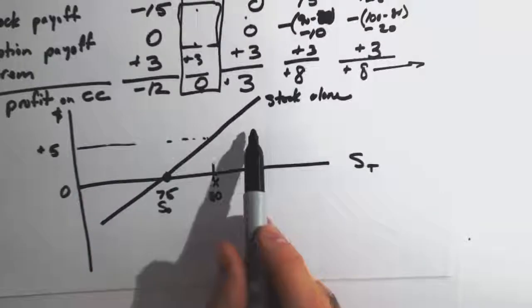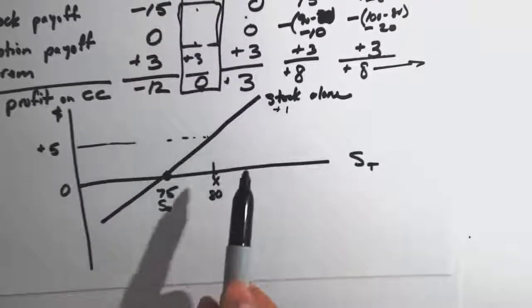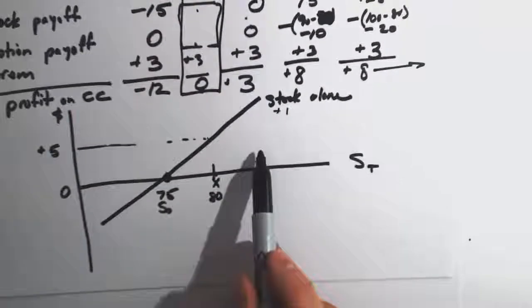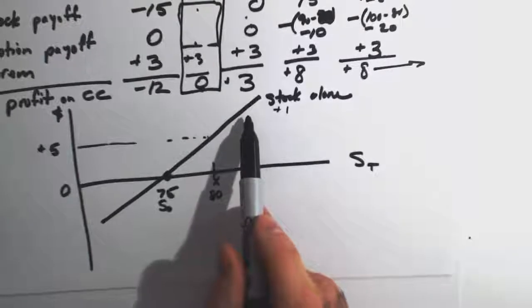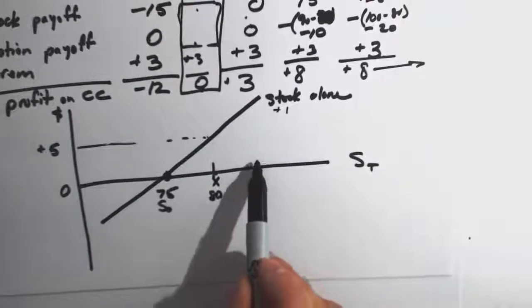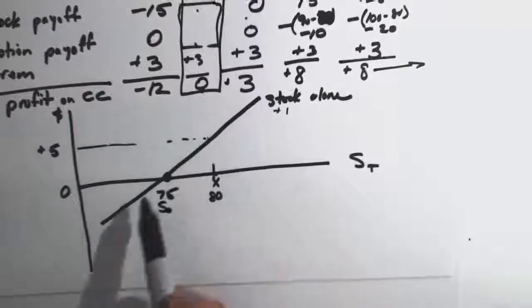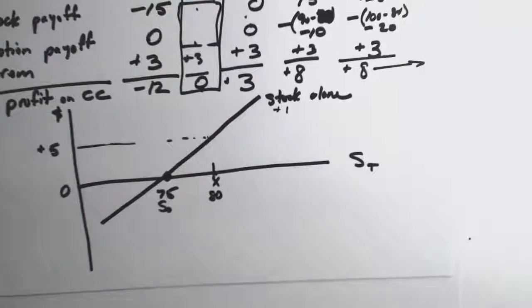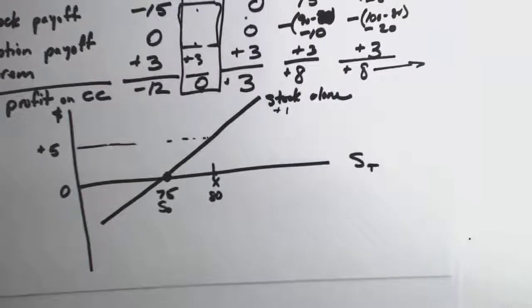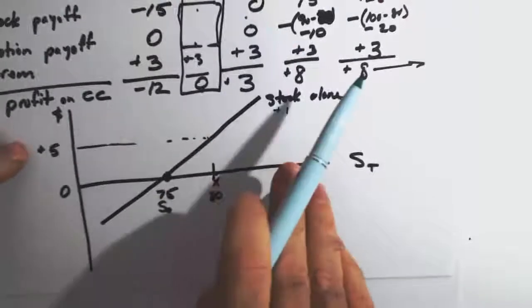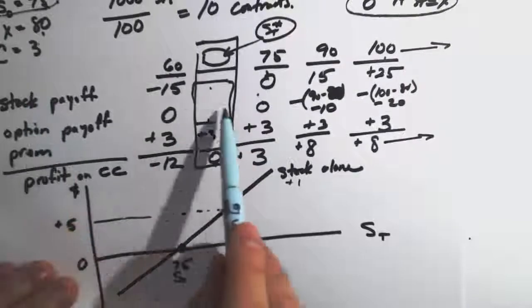So this is a slope of positive 1. For every dollar the stock goes up, you make a payoff of $1, and every dollar it goes down, you lose $1. That is the payoff profile on an individual stock. We just graphed this right here.